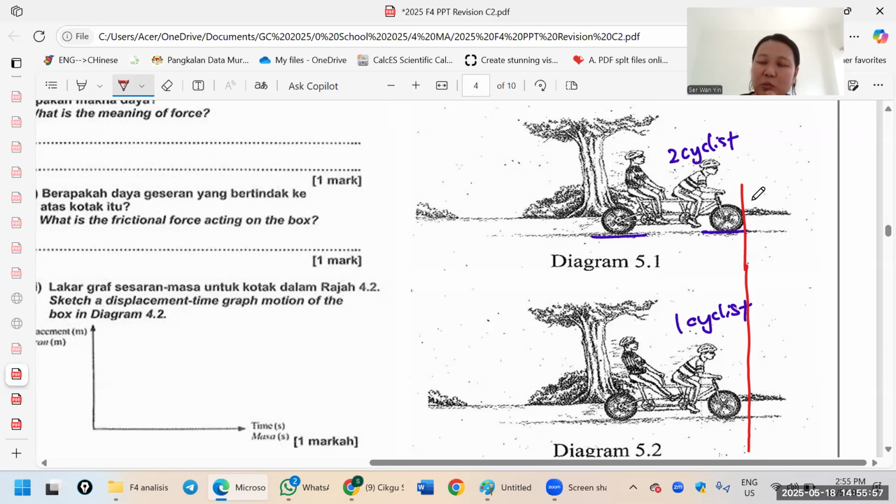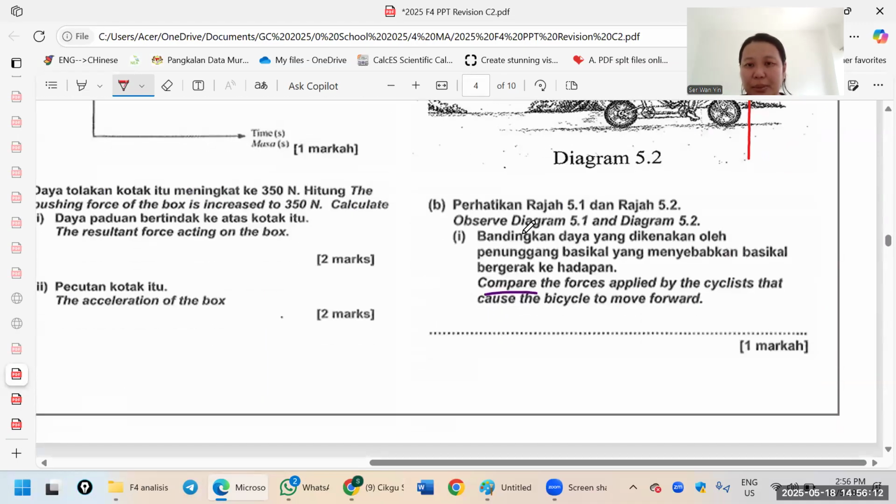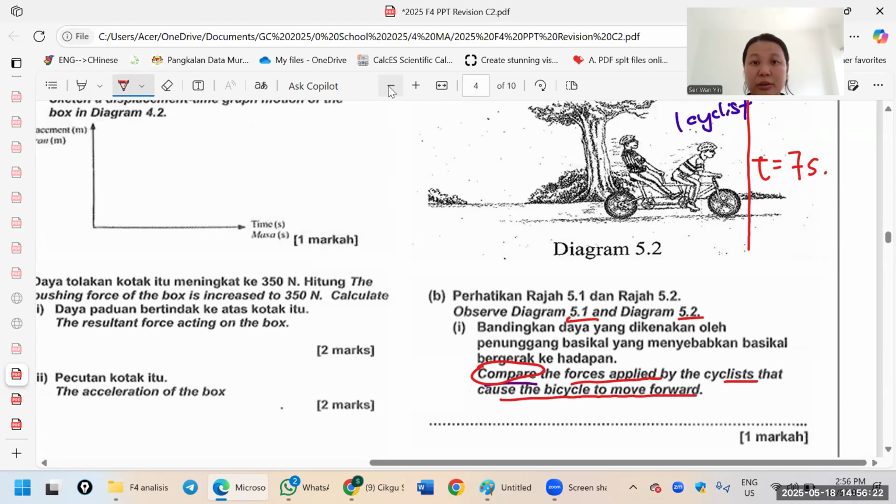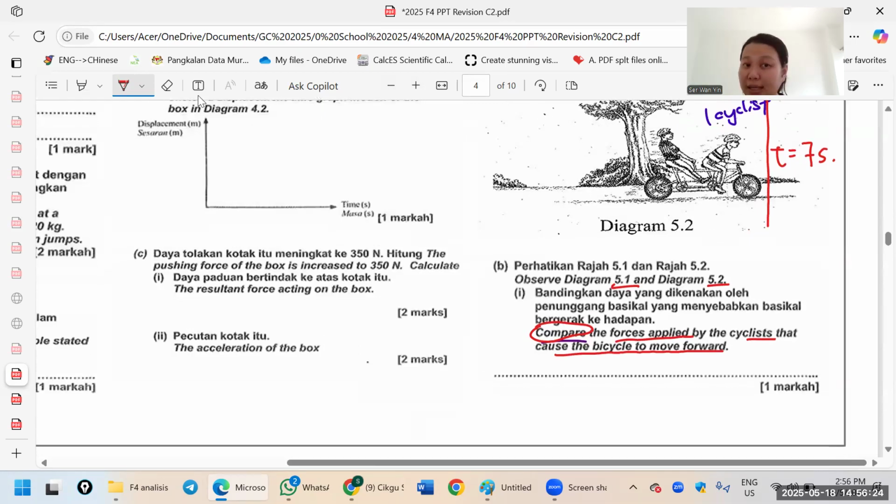But according to sentence is like this one take 3 seconds, but this one take 7 seconds because 2 cyclists, 1 cyclist. Means based on 5.1, 5.2, compare the force applied by cyclists that caused the bicycle to go forward. Now it's a time to tell me what is your answer.